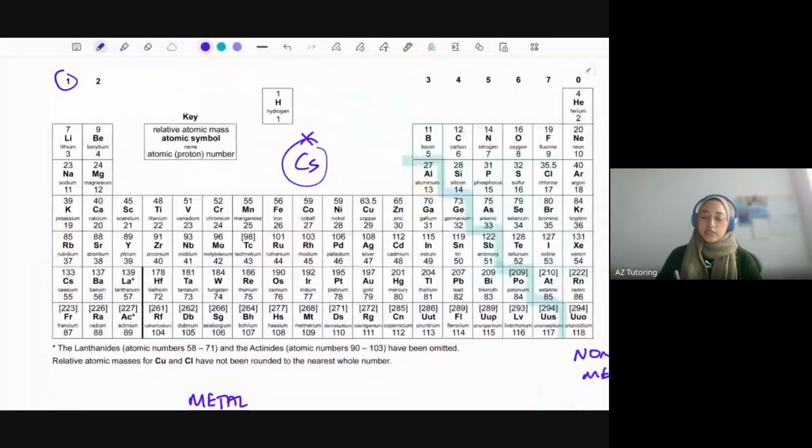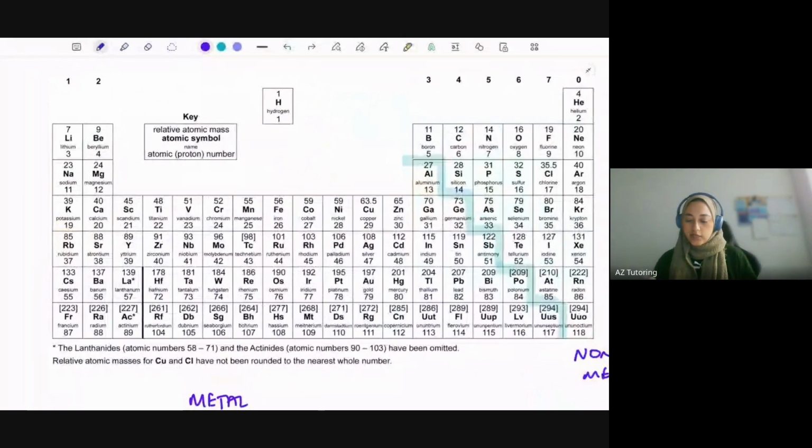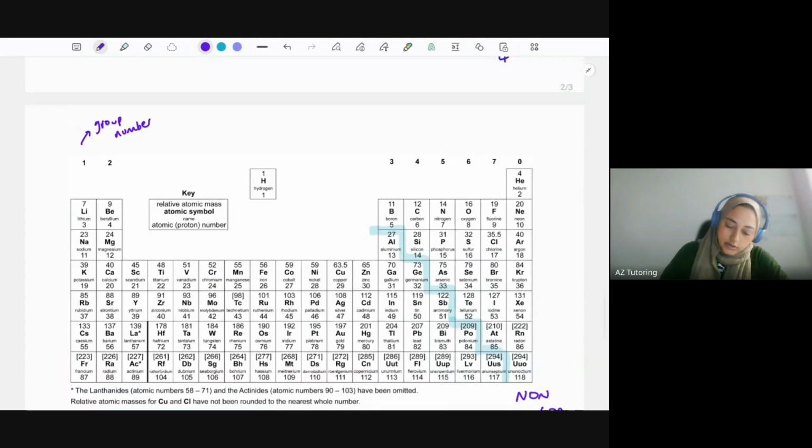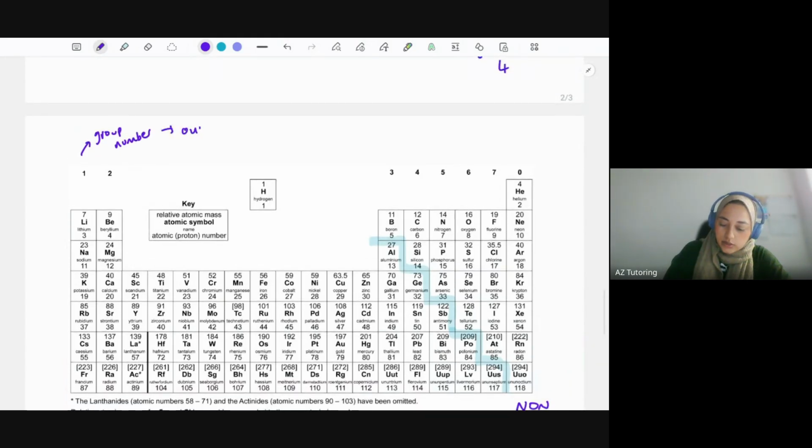That's how we represent it in bonding. We don't draw everything of the atom unless they tell you to draw the full structure of the atom. Keep that in mind. That's where group numbers are important. So the group number is the number of outermost electrons, meaning the electrons in the last shell.